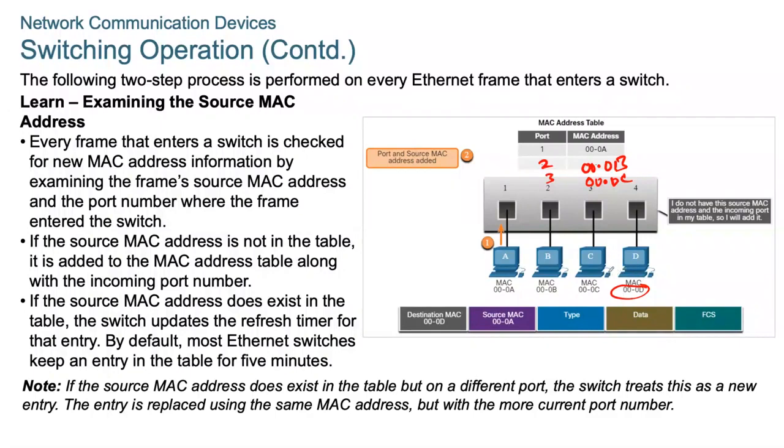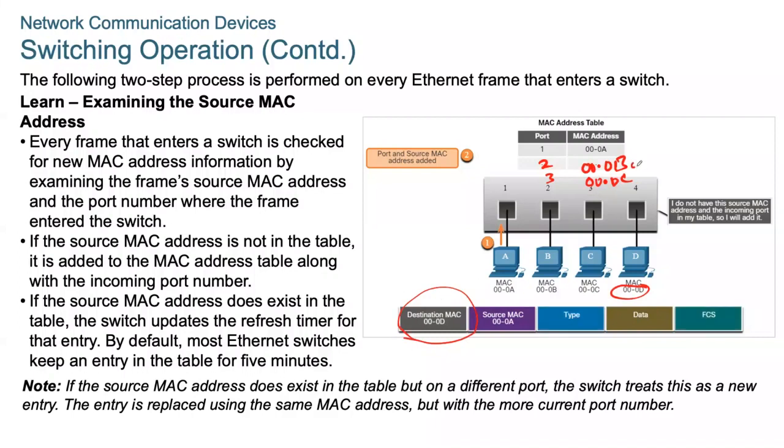So for any packet that comes, your switch will go through the destination. Once the MAC address table is built, then if any packet comes to these ports, your switch will go through the destination MAC address and check whether it is there in the table or not.